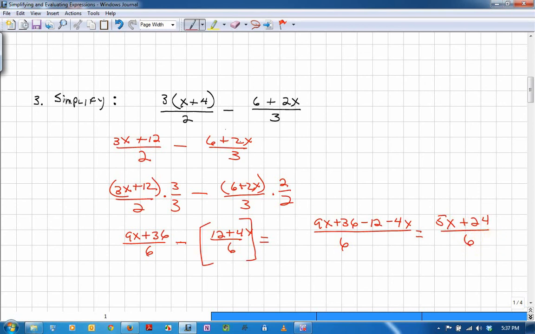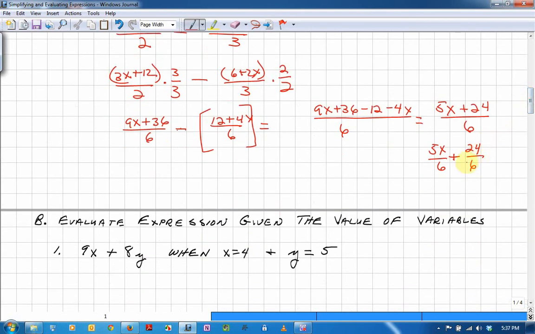Another way that I could express it, if I wanted to, is 5x all over 6 plus 24 over 6, which would be the same as 5x all over 6 plus 4. Now, to me, this is probably the simplest looking form and the way you'd want to leave it.